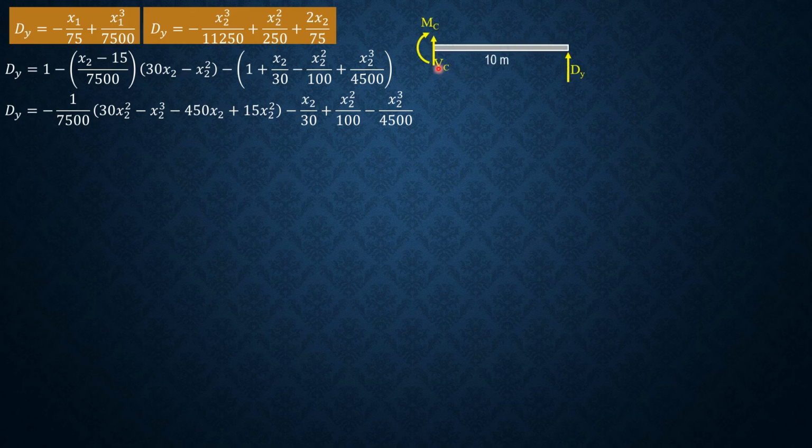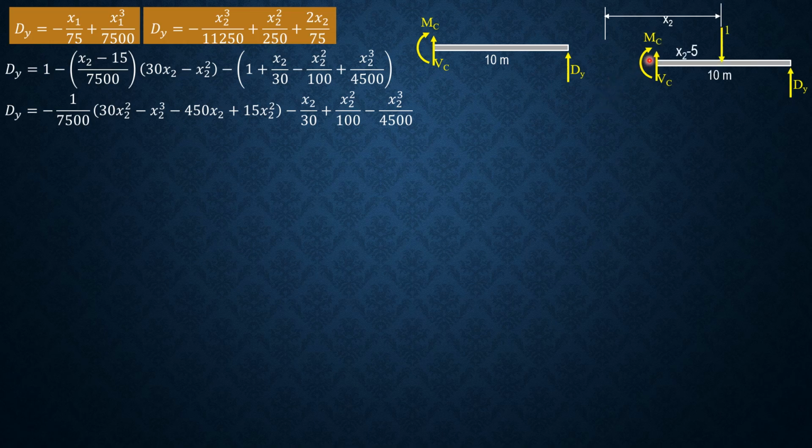So we now draw free body diagram for portion CD to derive V sub C and M sub C. So for x1 from 0 to 10, the unit load is not seen here. And even for x2 from 0 to 5, but not including 5, it's also not seen here.